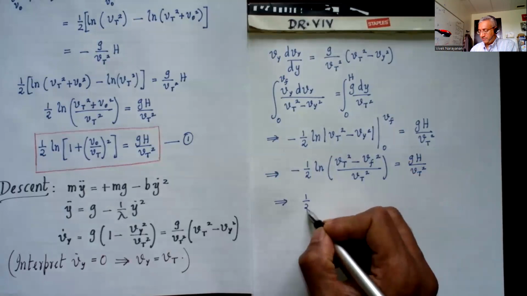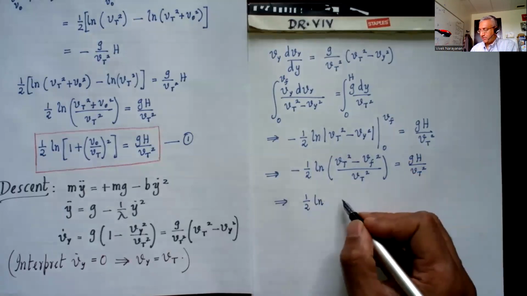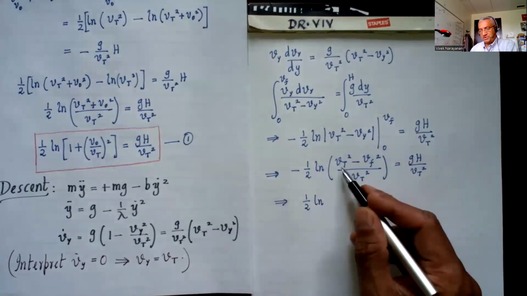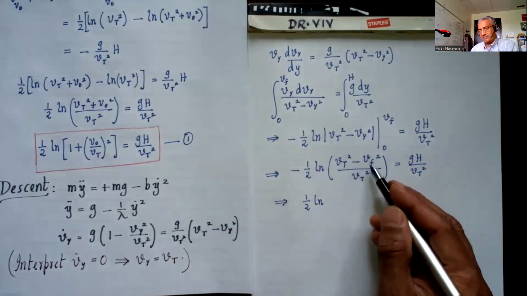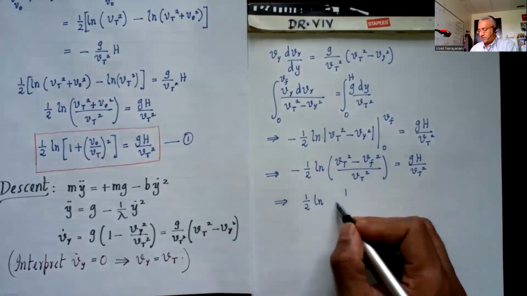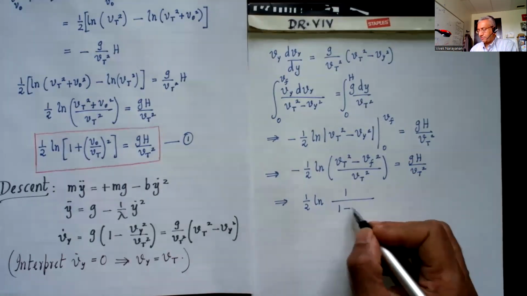So I'll get positive half natural log of, first of all, I'll first divide by vt squared. So I get 1 minus vf over vt, the whole thing squared. And then I'll use the negative sign to flip the whole thing.